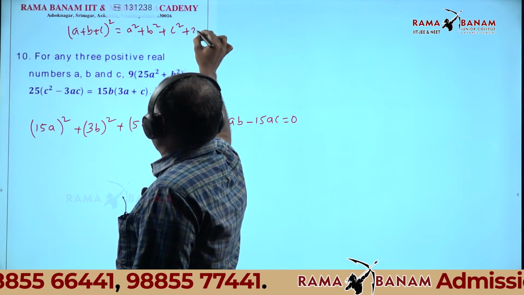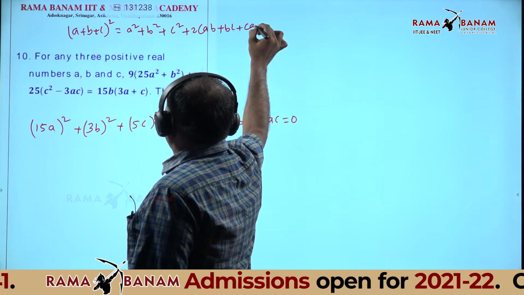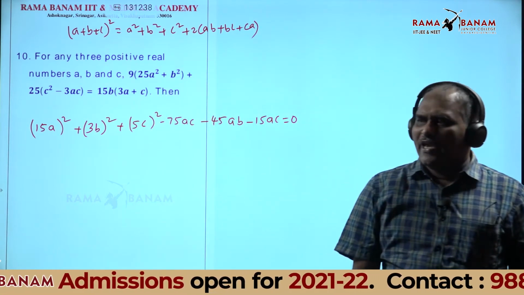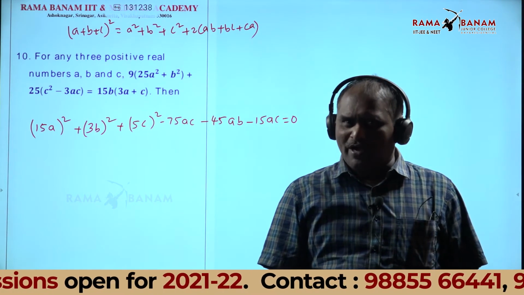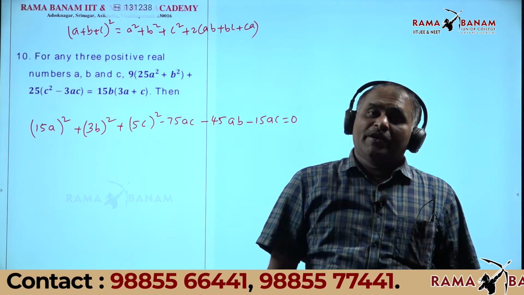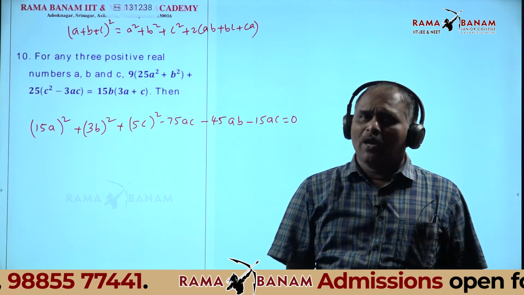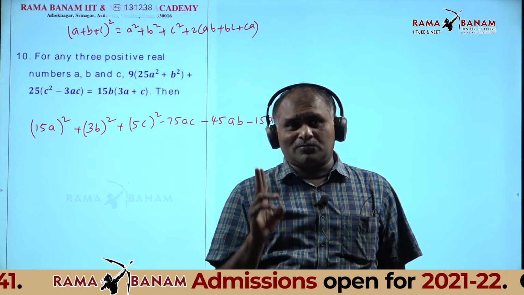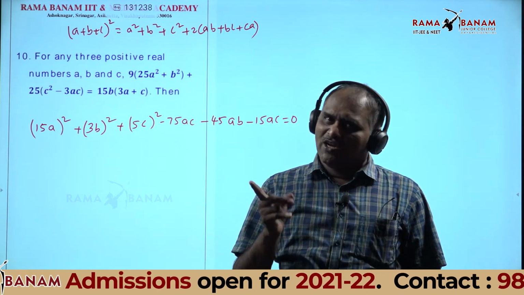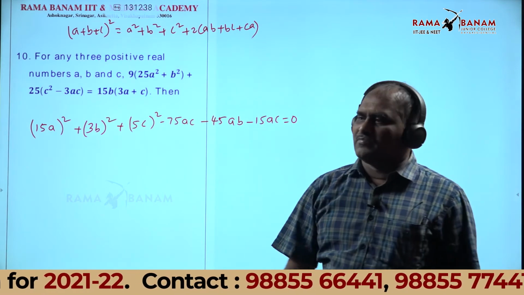Therefore, in a plus b plus c whole square, there are no negatives in between. Either completely positive terms, or any two terms negative and the remaining one term positive, out of these three terms.